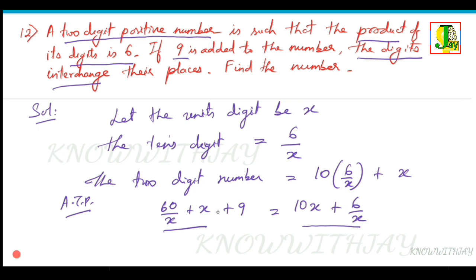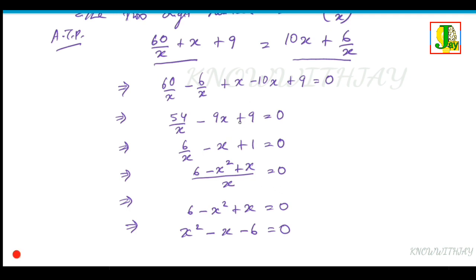Now we have to reduce it to a quadratic equation. This is how we reduce the given expression to a quadratic equation. Following the normal procedure, we get 6 minus x squared plus x equals 0.